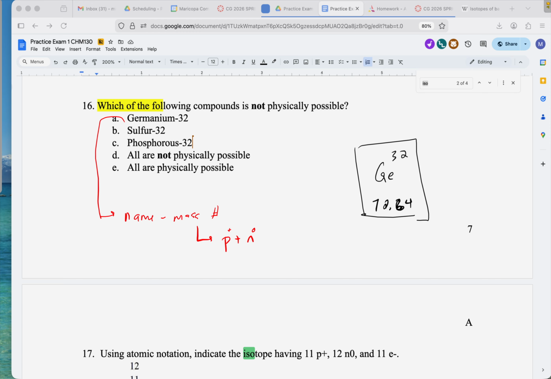Okay, so if I go to the periodic table, what does the periodic table tell me about anything? That 32 tells me this is the number of protons. Does the periodic table tell me anything else?